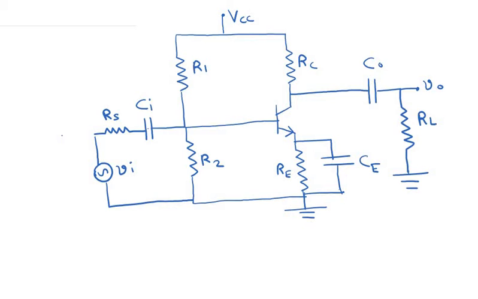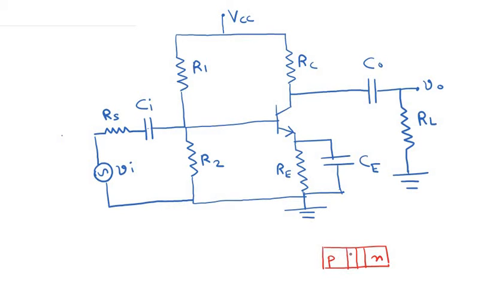So a PN junction basically has a capacitance of its own, because there would be stored depletion charge.